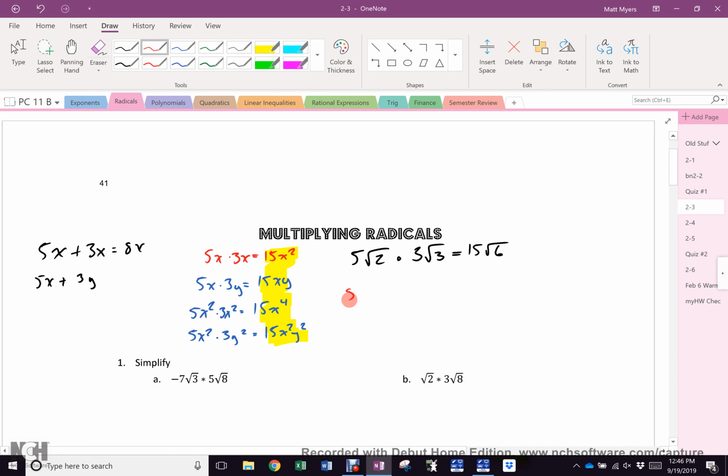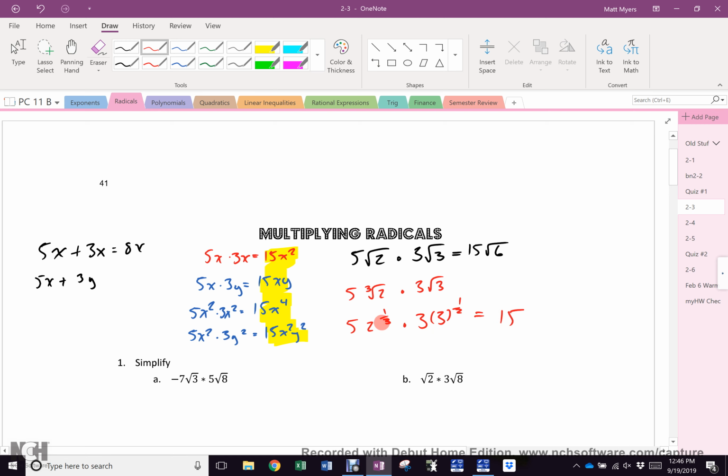All right, so if I had 5 third root 2 times 3 root 3, you want to turn these into fractions. So this would be 5 times 2 to the 1/3, correct? Times 3 to the 1/2, correct? And then you would want to do 5 times 3, which is 15.